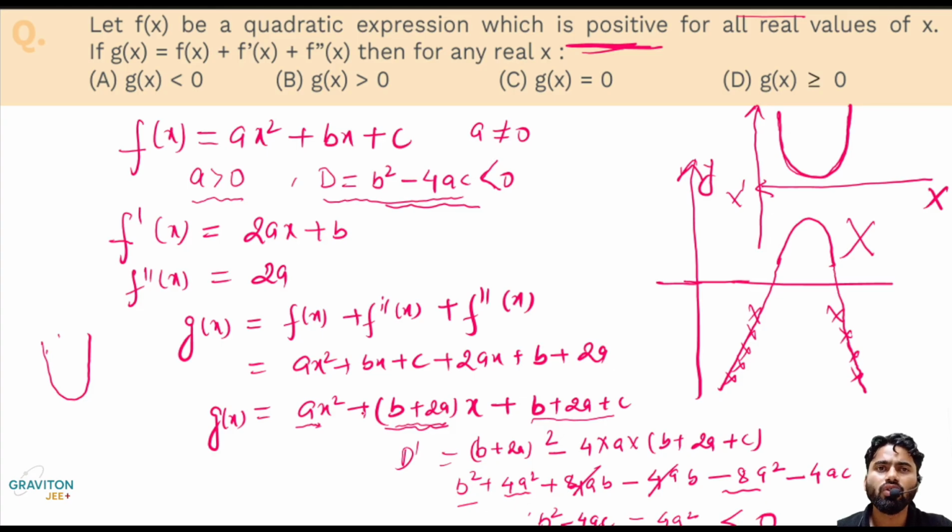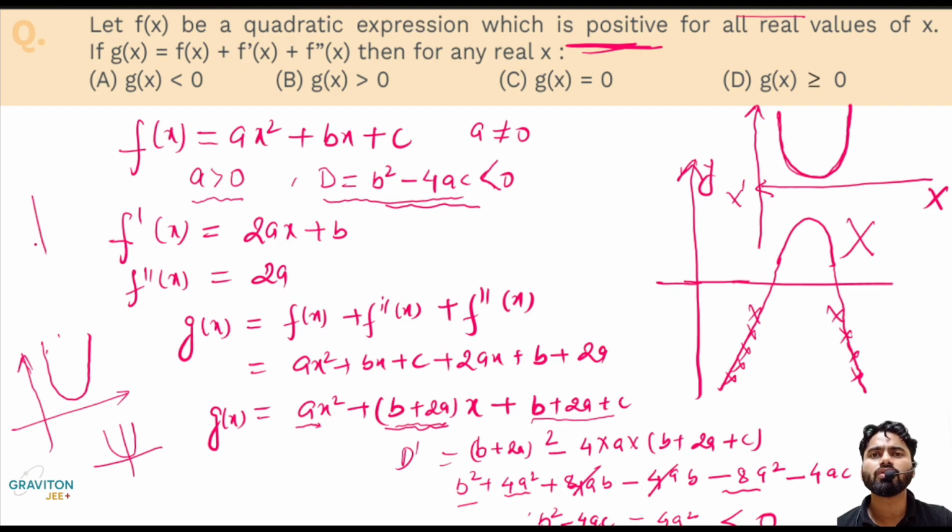And you already know the leading coefficient of g(x) is positive. So your g(x) will be always above the x-axis. Either this will be this type, or this type. So from here which option is correct? Option B is the correct option.